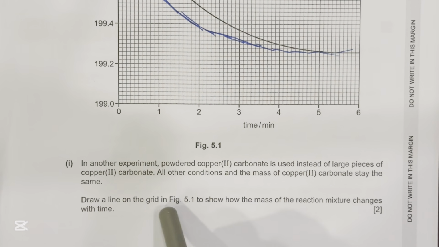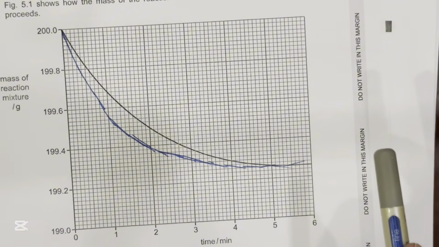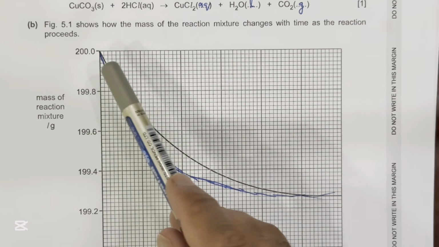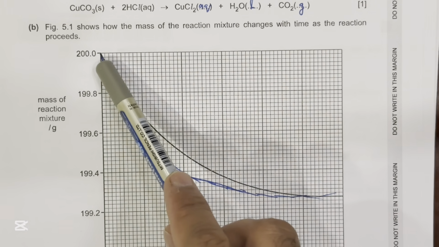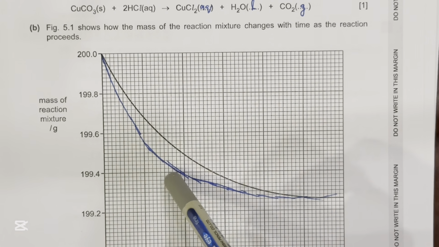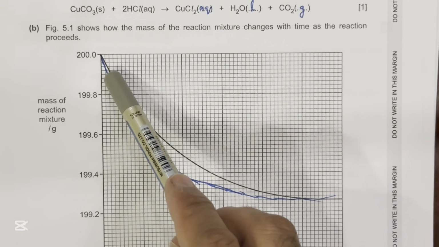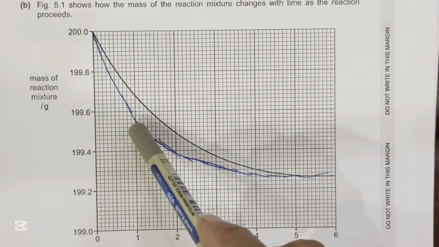Draw a line on the grid in figure 5.1 to show how the mass of the reaction mixture changes with time. You can see that we need to draw the graph with a steeper slope. The steeper slope is because the reaction proceeds at an increased rate, so the mass starts to decrease in less time.